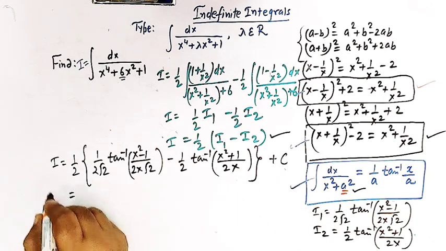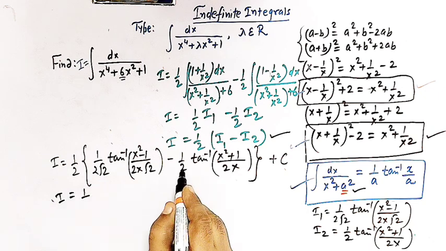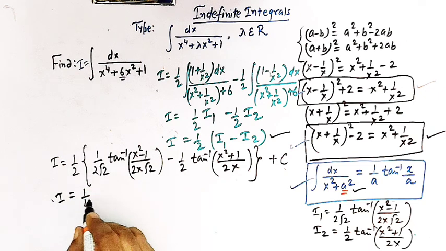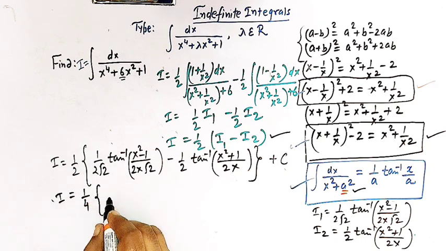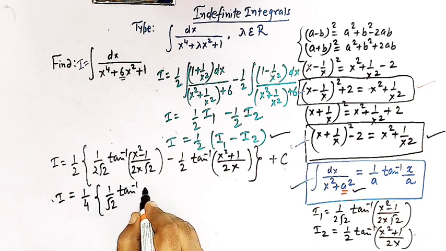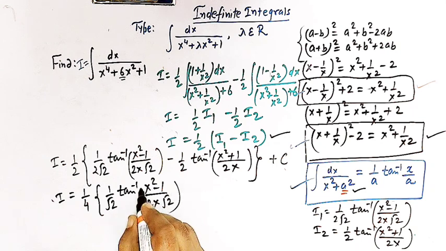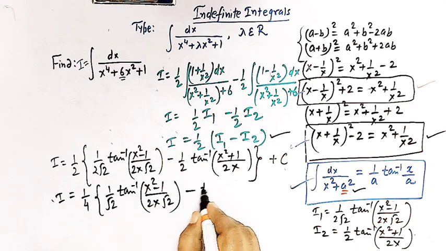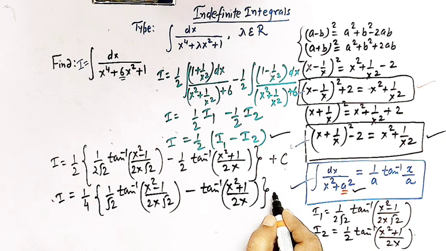So now I can further be written as, we can take half common. So we can write 1 over 4 multiplying half and half, so we have 1 over 4, and here we have 1 over square root of 2 tan inverse x square minus 1 over 2x root 2, and here we have simply tan inverse x square plus 1 over 2x, and C is the constant of integration.